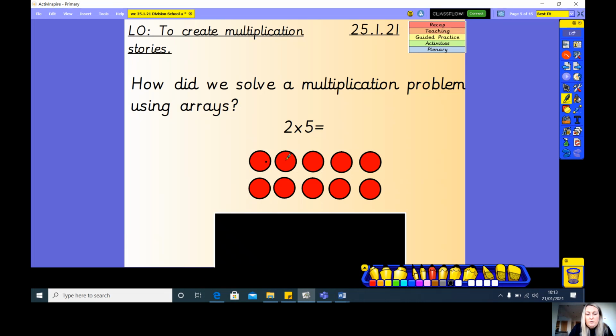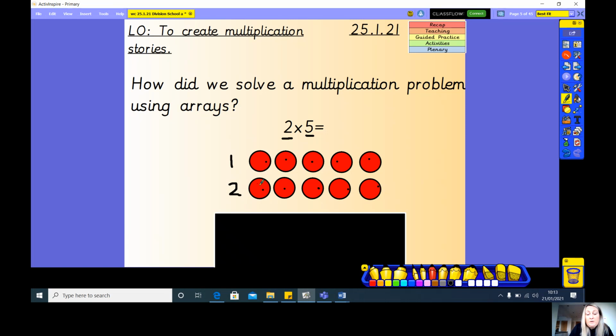So we've got 1, 2, 3, 4, 5 circles. Here's that number 5. We've got 5 circles, but we need 2 lots of 5. So we draw another lot of 5. 1, 2, 3, 4, 5. And there you can see we've got 1 lot of 5 here, 2 lots of 5 here.